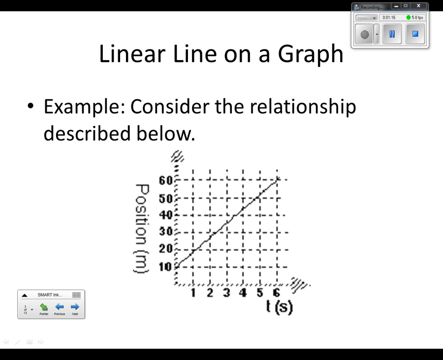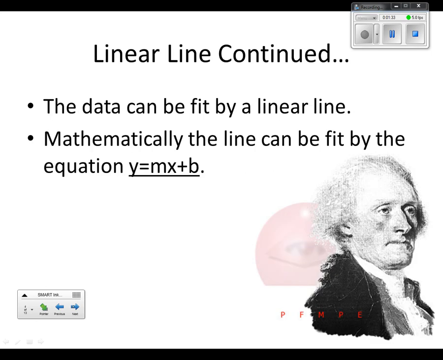Okay, so for example, here's a linear line on a graph, and it shows your dependent variable on the y axis and your independent variable on this axis. So this data can be fit by a line, and the equation for the line is y is equal to mx plus b. Now, I know what you're thinking.